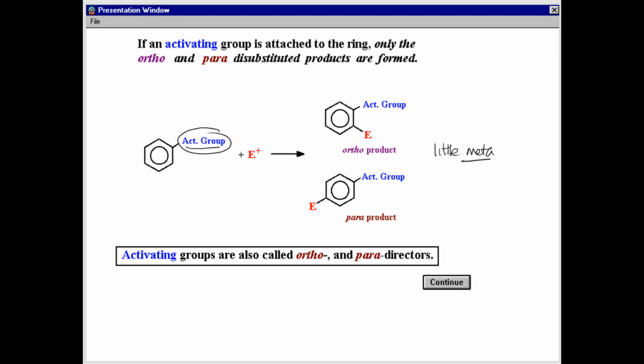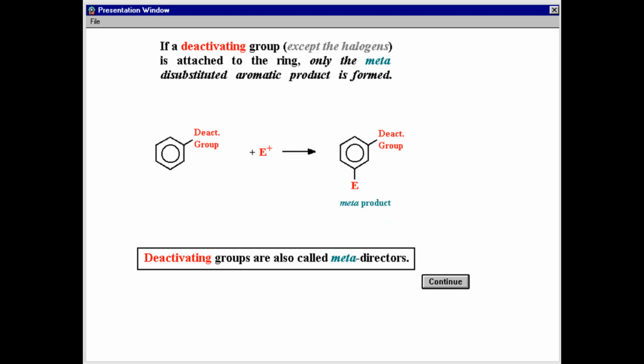So we call the activating groups ortho-para directors because they tell the electrophile, you go to the ortho and you go to the para positions and form those two products. This is directing. Okay. And then there's this yin and yang of organic chemistry again, right?